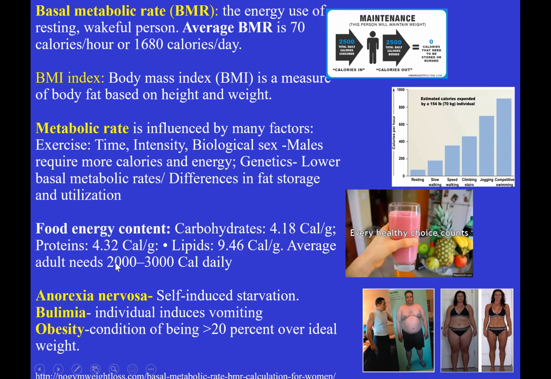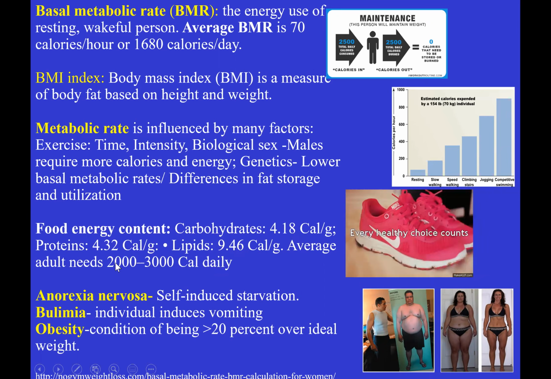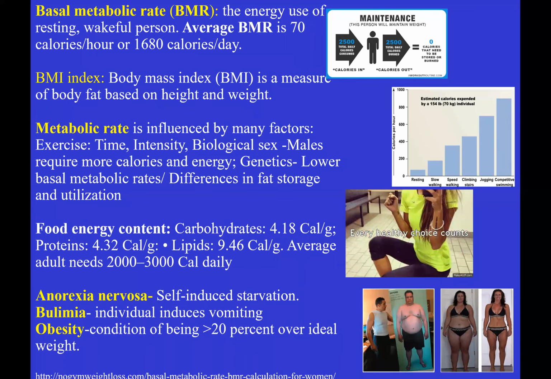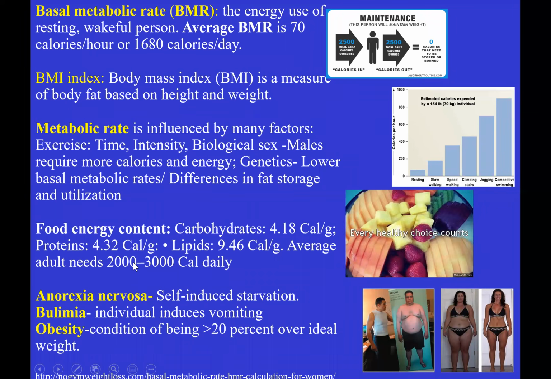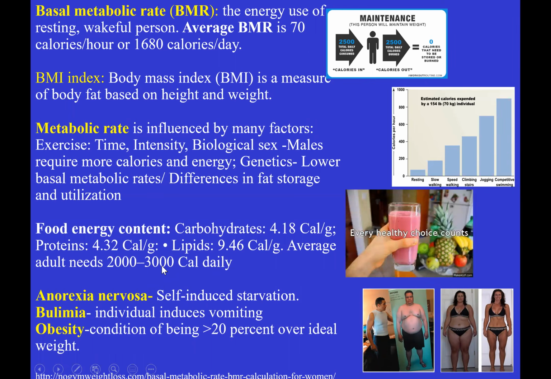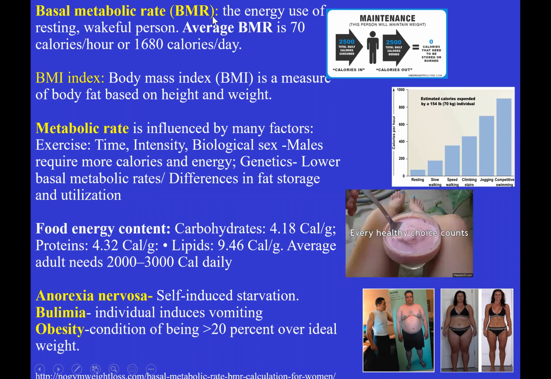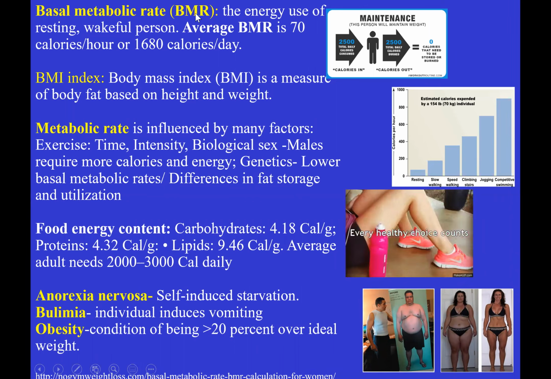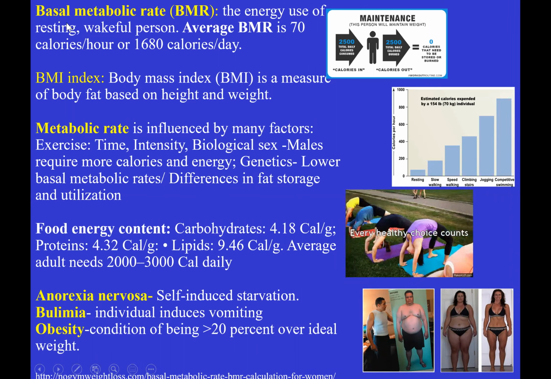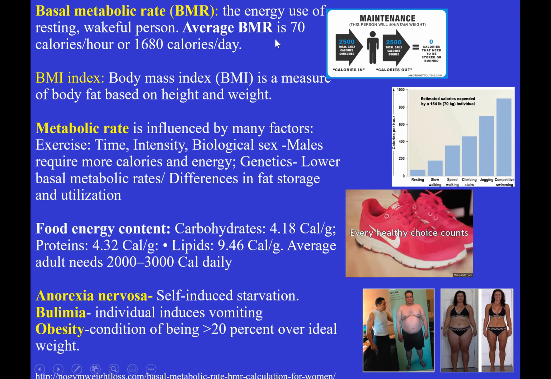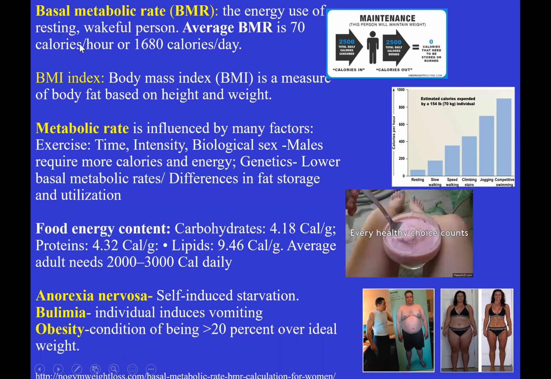In general, I've heard a normal built woman would need only 1600 calories to maintain, whereas men, because they are big built, need more calories. So we need these calories to maintain the basic metabolic rate. So this is the energy use. So even if you're sleeping, your body requires energy. We require about 17 calories an hour.